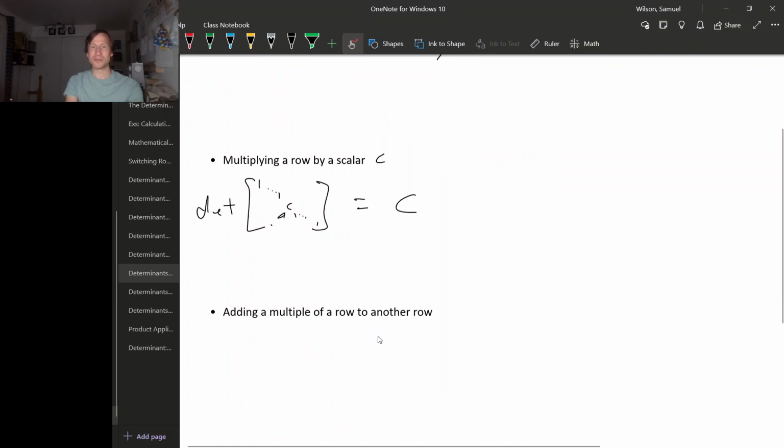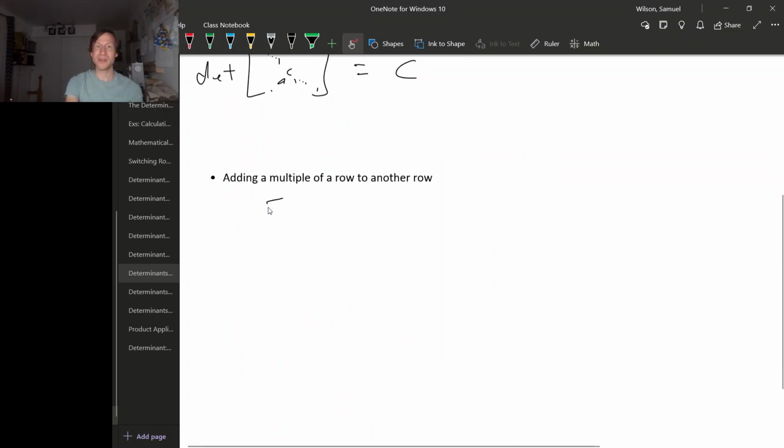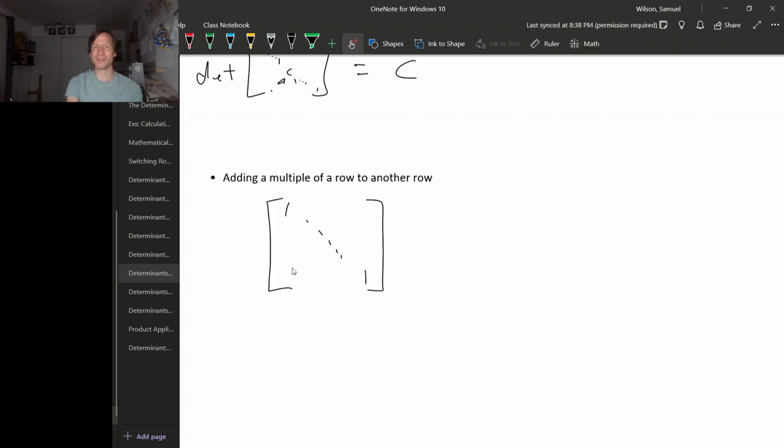Finally, adding a multiple of a row to another row. Remember, the elementary matrix that does that is all 1s down the diagonal, but then somewhere off the diagonal, either above or below the diagonal, but not both, there is a scalar somewhere. So there's some scalar down here. But look, whether this C shows up below the diagonal or above it, the opposite side is just full of zeros.